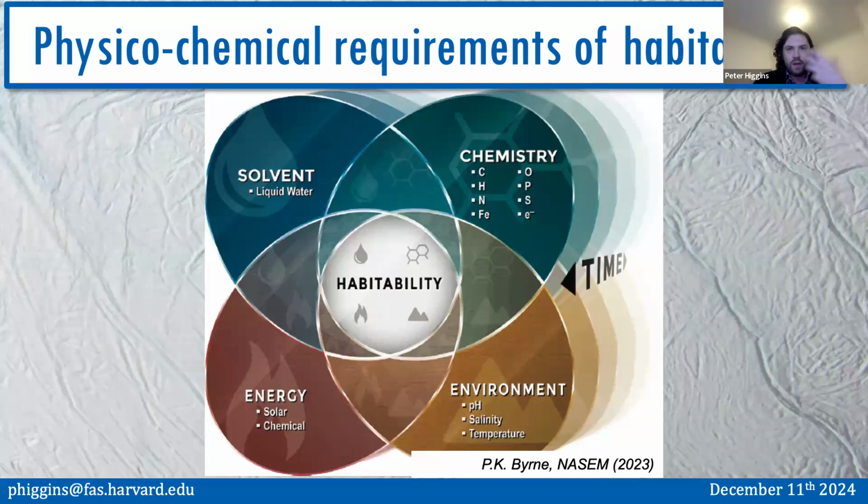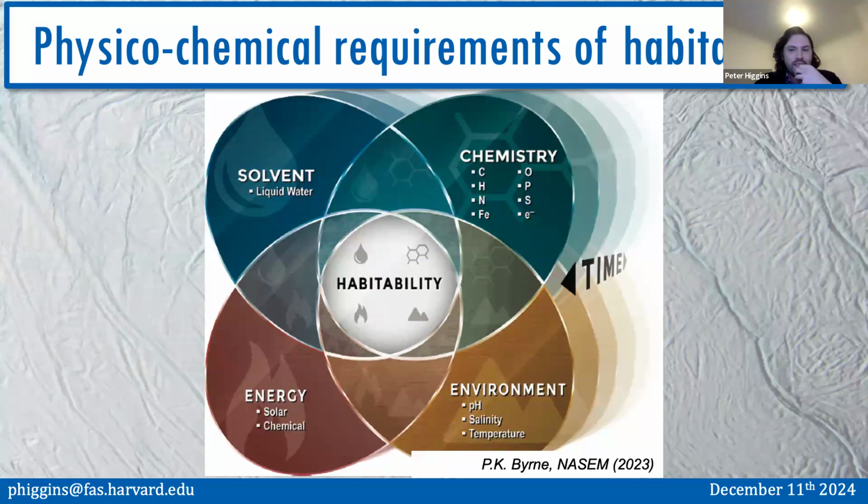Now, arguably, the most complete formal definition of habitability is a suite of conditions which is suitable for a known organism to survive and grow, whereby the most reliable assessments of that are based explicitly on empirical knowledge, so things we've seen in the field or things in the laboratory.